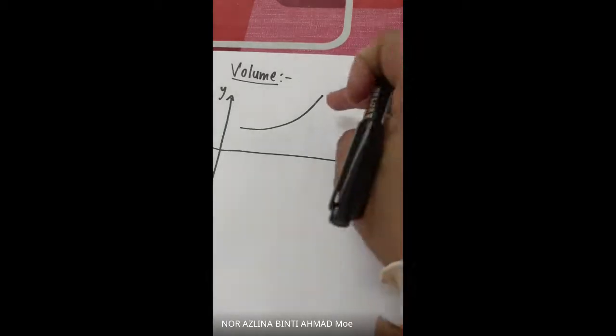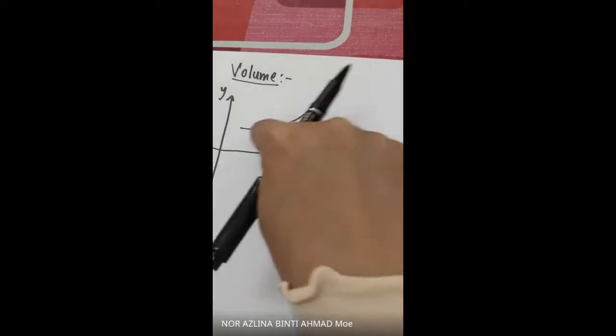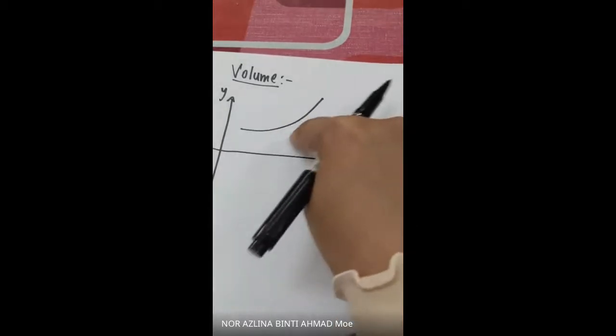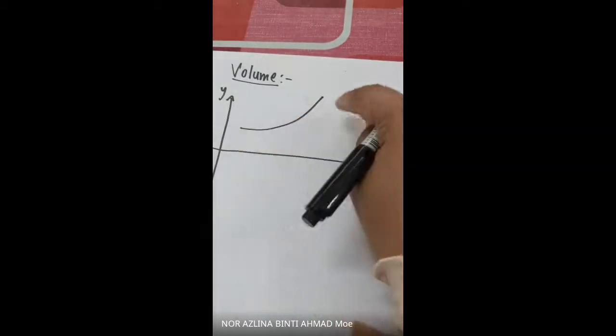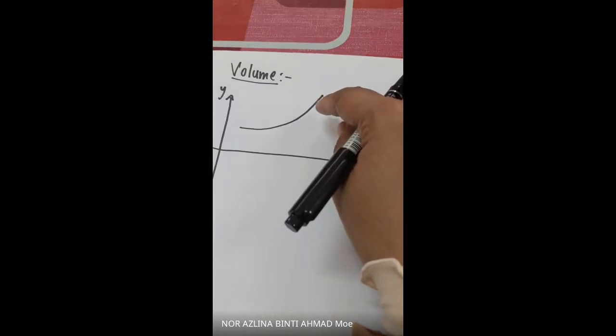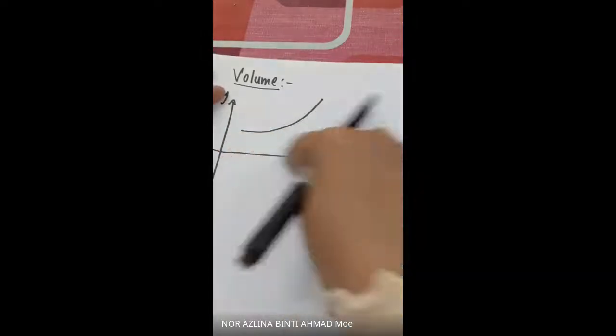What is the volume of solid generated when a region, the region under the graph, is revolved through 360 about the x-axis?